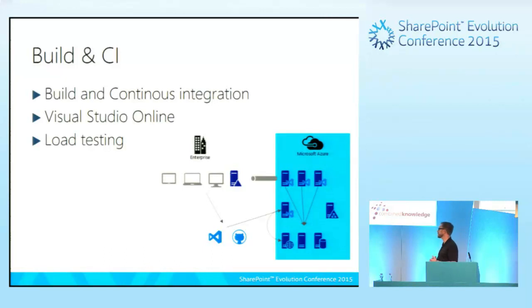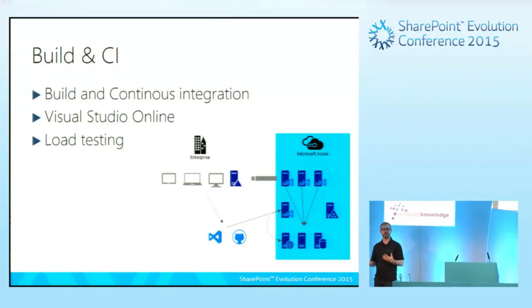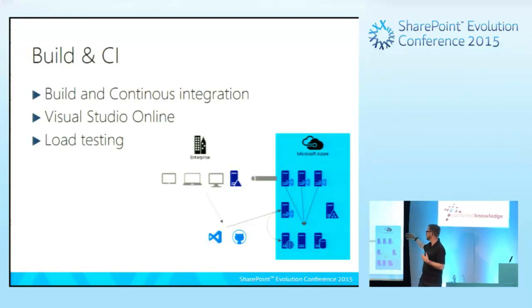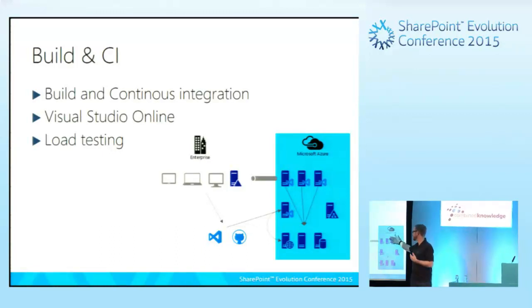This is also a really good option for continuous integration. When building out big solutions with SharePoint, we have our development servers, as in the previous slides, but we can also use Visual Studio Online or GitHub or anything that we publish our code to.